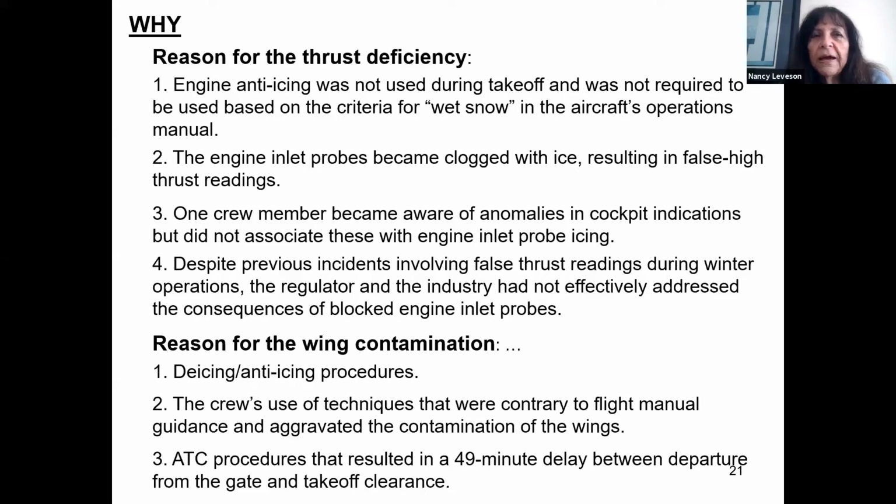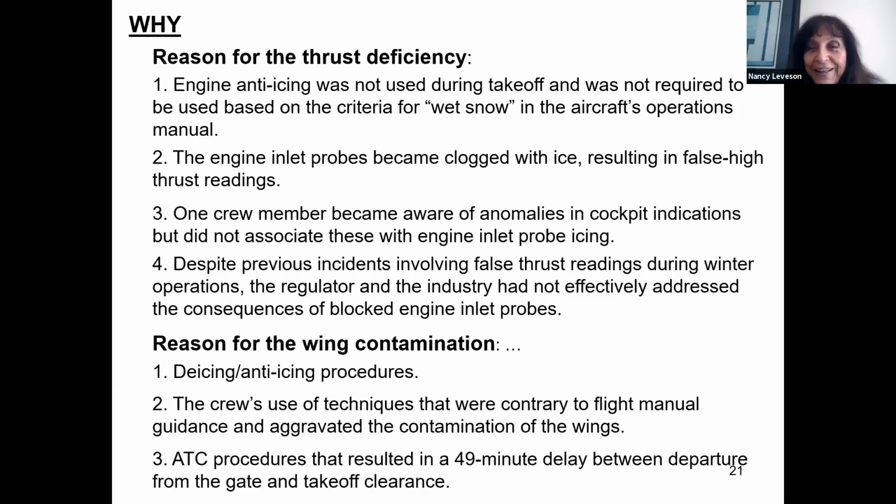So now we can look at why. We looked at what, now we look at why. And if we look at why here, we have to look at the reason for those things. Remember, it said it was basically a thrust deficiency and wing contamination. So why was there thrust deficiency? Well, engine de-icing wasn't used during takeoff. It was not required to be used based on the criteria for wet snow in the aircraft's operations manual.